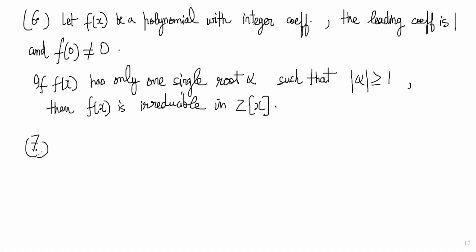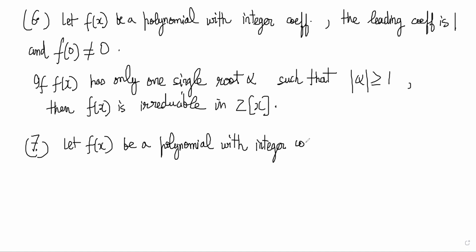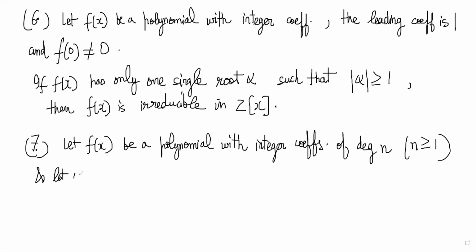Another one is like this. Let f of x be a polynomial with integer coefficients of degree n, n is greater than or equal to 1, and let alpha 1, alpha 2, till alpha n be all its complex roots.